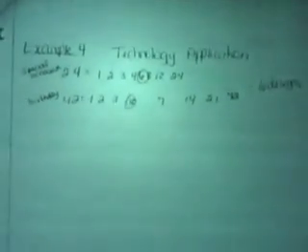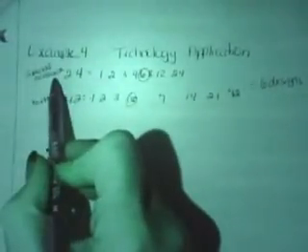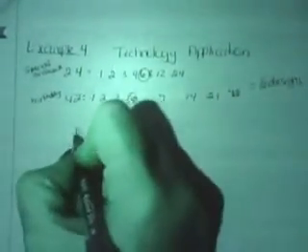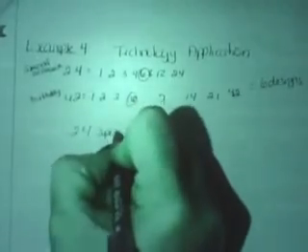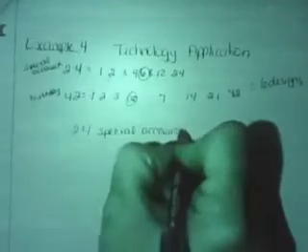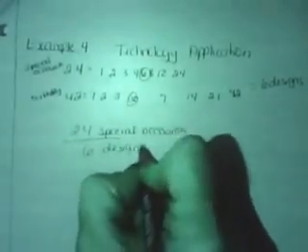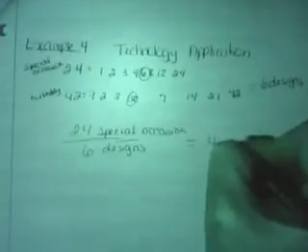So now, how many rows can we have of special occasion? I have 24 special occasion designs. I can put 6 designs in each row. How many rows am I going to need? 24 divided by 6, I'm going to need 4 rows.